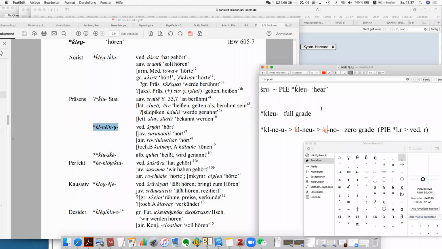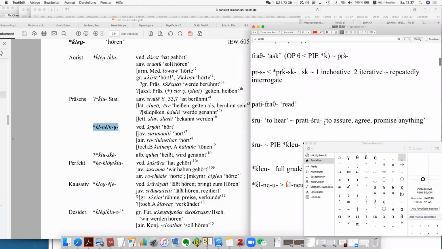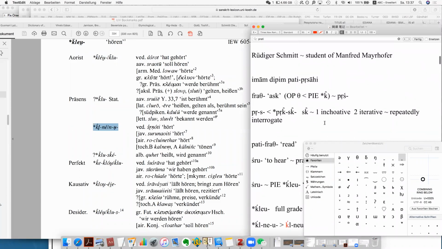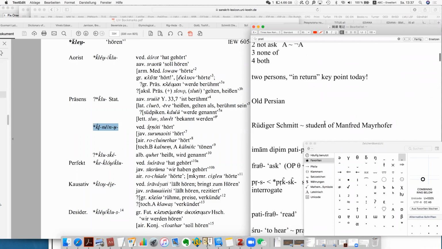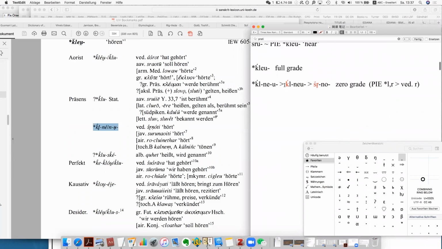So this is the reason why we have in Sanskrit śṛṇoti, because it goes back to this one. And this ṛ, I hope it's clear, right?